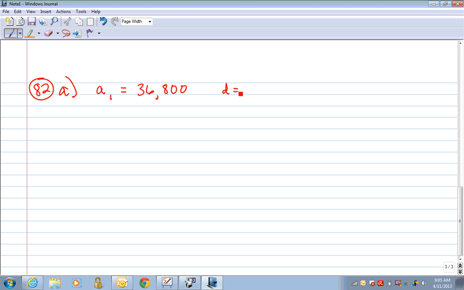Well, that would be our difference, because if that's what it's going up by each year, then that's our D. So just to find the A sub 6, we would need to plug into our formula, which would be A sub 6 equals the A sub 1 plus n minus 1 times D. And since n was 6, then we're going to put a 6 for n. So A sub 1 is 36,800 plus 6 minus 1 is a 5 times the D value.